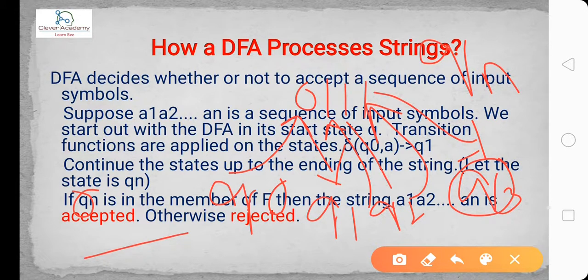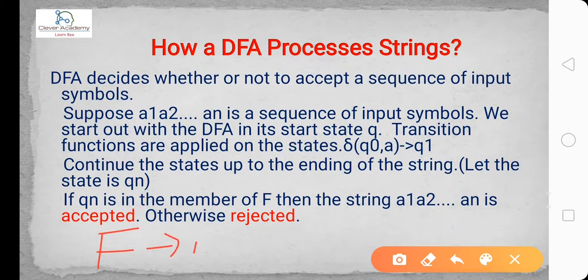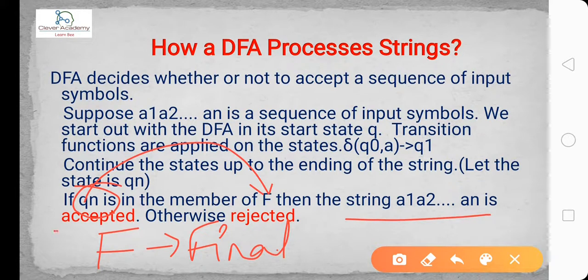Suppose Qn is a member of F, where F is the set of final states. If Qn is a member of F, then you can say the particular string is accepted. It should be in the final list.